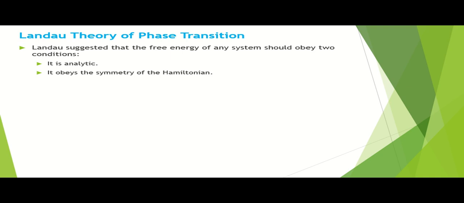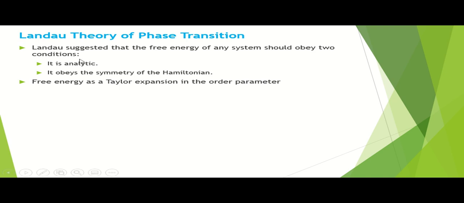I mean, the sites should be surrounded by similar types of atoms, or you can think of it in terms of interactions. So all the constituents of the system should have similar interactions with the surrounding constituents.